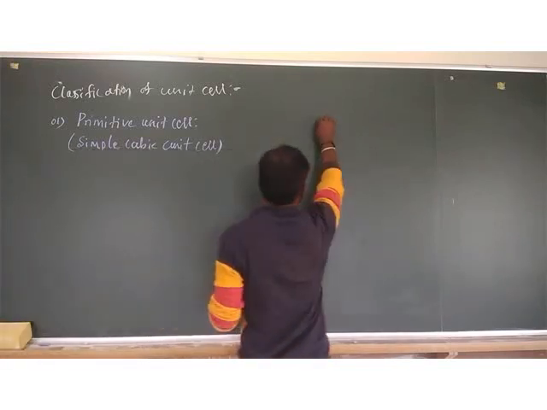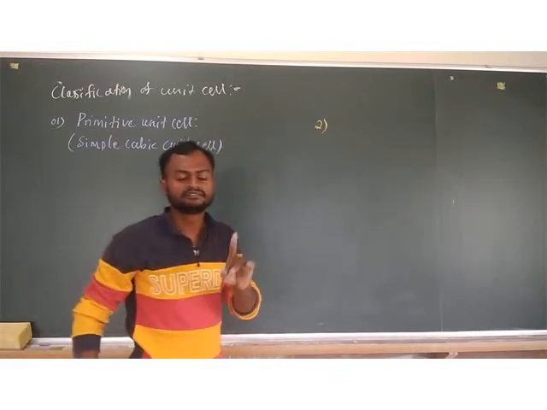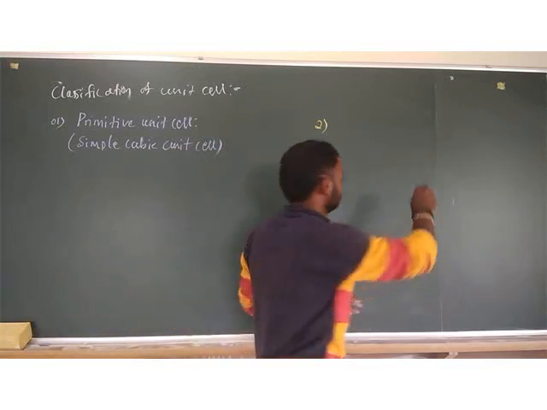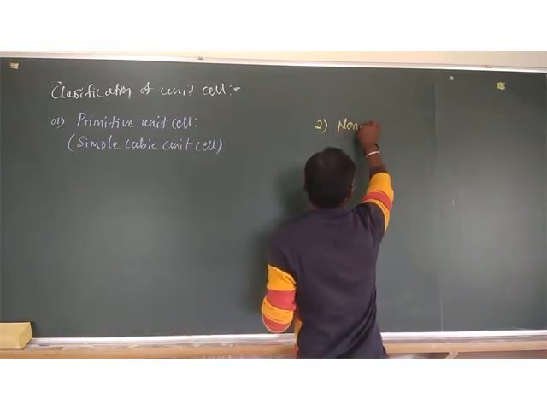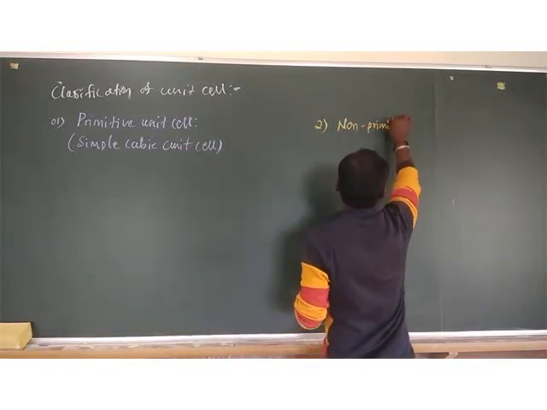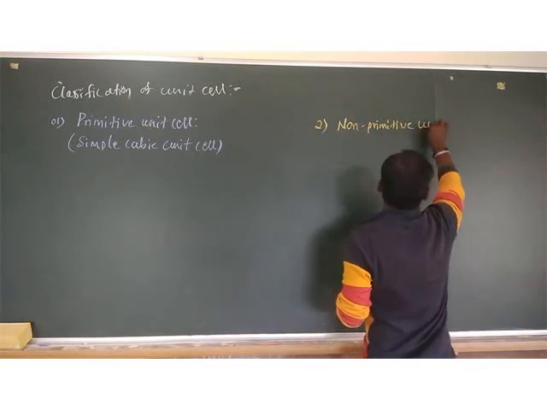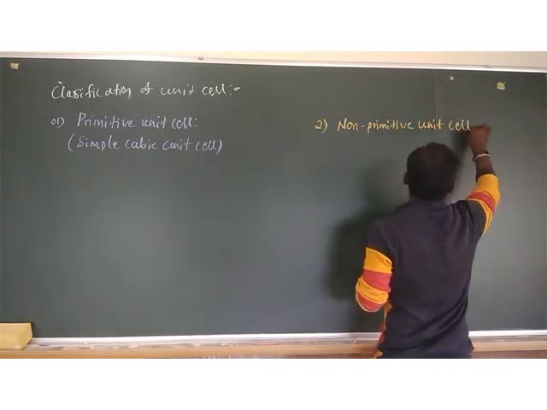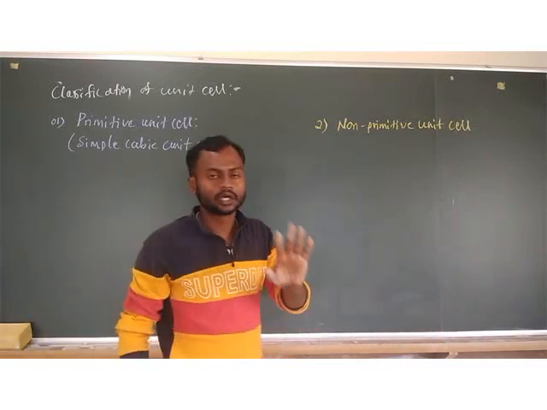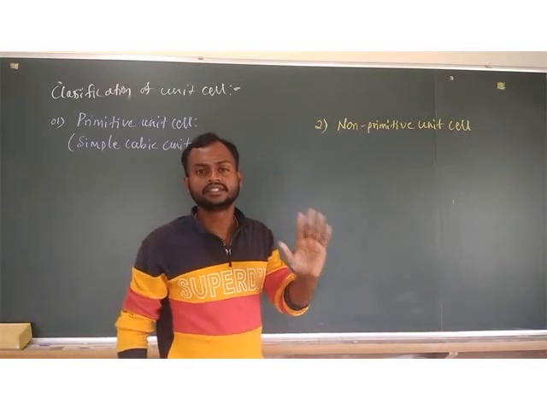The second one is the non-primitive unit cell. It is also called a centered unit cell.